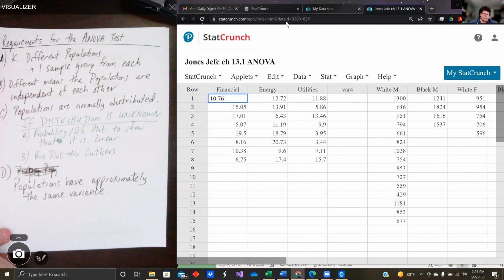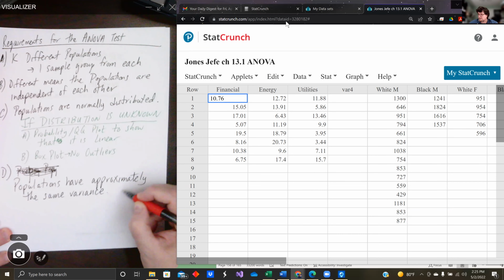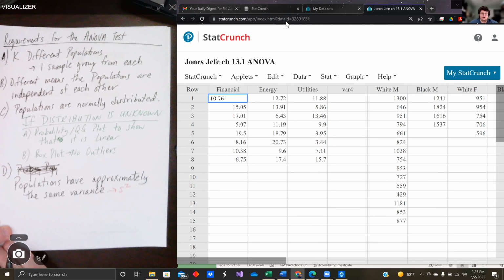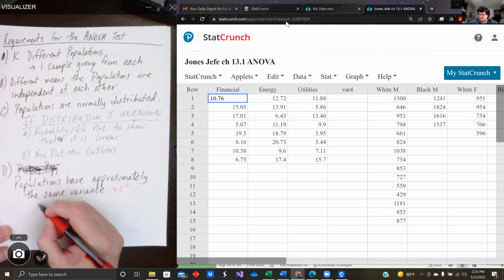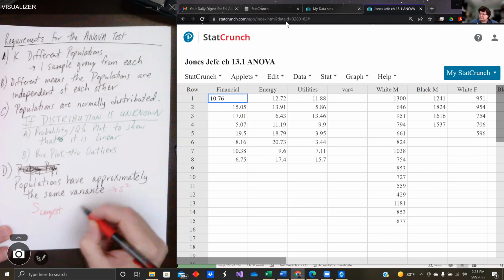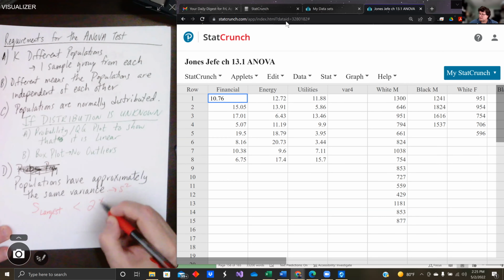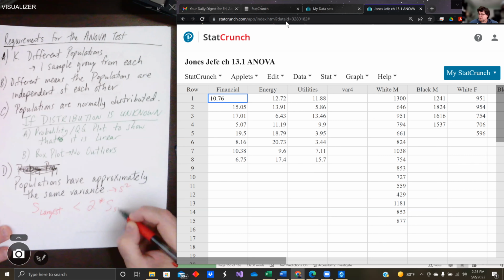Since variance is standard deviation squared, we're going to compare S's. So we want the largest S, or the largest standard deviation, to be less than 2 times the standard deviation of the smallest category.